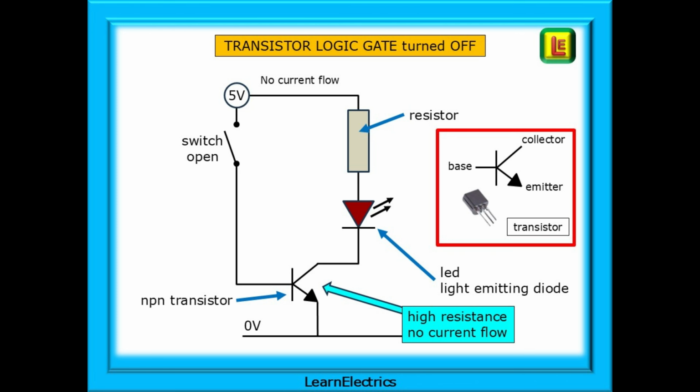The collector is connected to the more positive part and the emitter to the more negative, or ground. In the off state, with the switch open, the transistor will have a very high resistance and no current will flow. No current will flow through the LED and the LED will be off. So, switch open, the output LED is off, 0 in, 0 out.